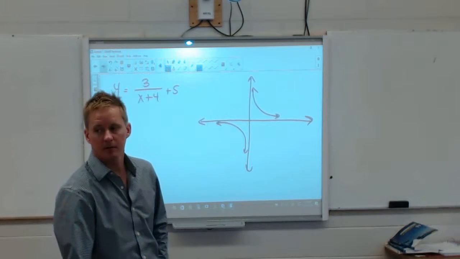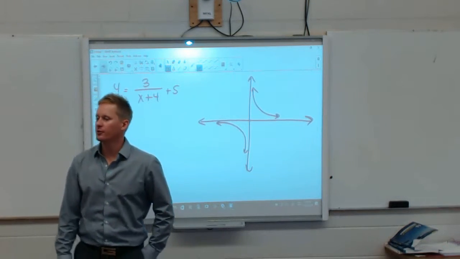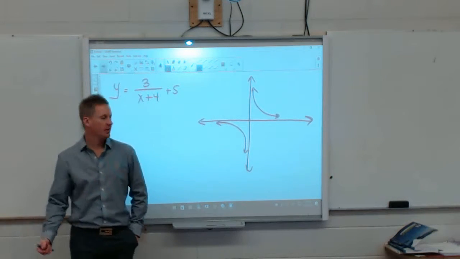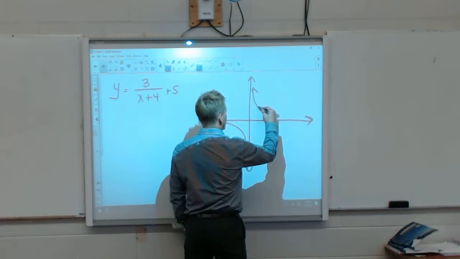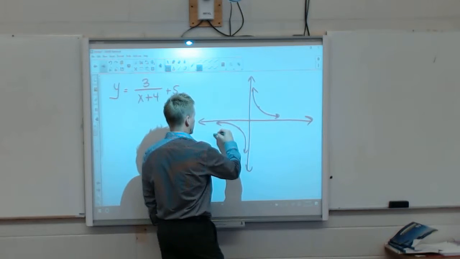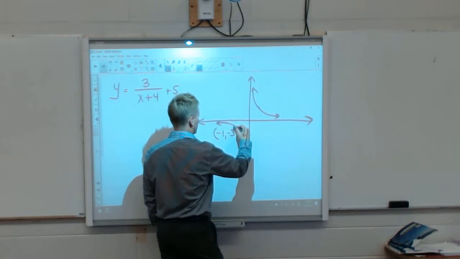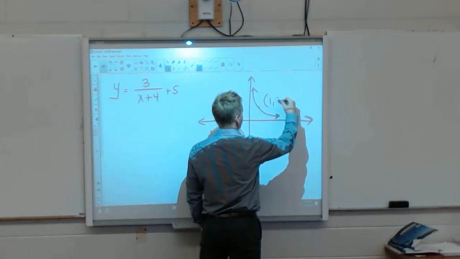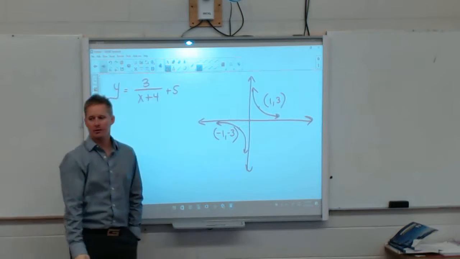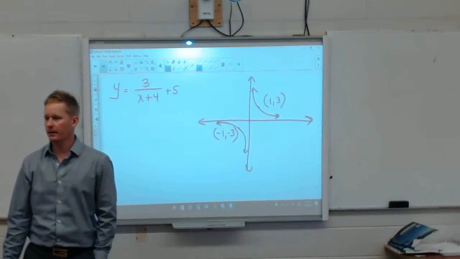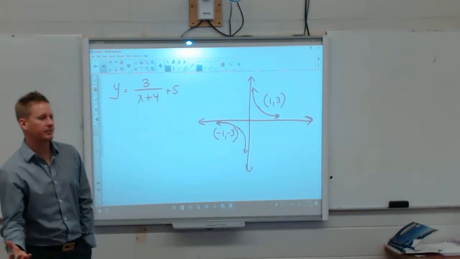Left 4, up 5. Okay, perfect. So the first thing you do is your stretch first. So the cheating way of doing it, but still right, is that. So I don't even have to move the graph. That's the easiest way to do that.